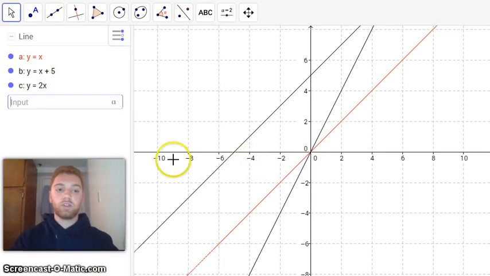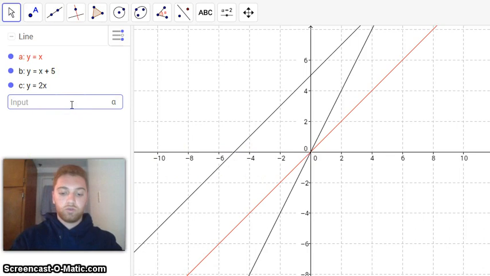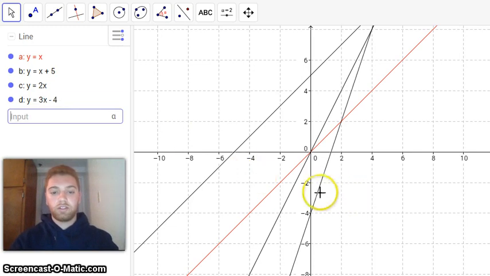Now you could put both of these together by putting in y equals 3x minus 4. Okay, we press enter. Now you see this next line right here, D, as you see it's highlighted.